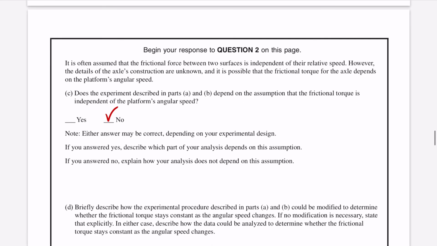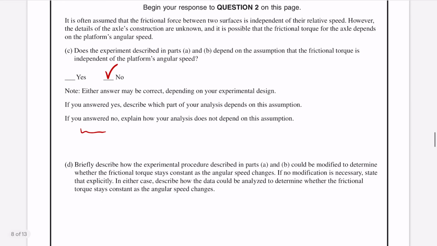All right, so we're going to go ahead and explain something along those lines here, that our data will show a linear relationship if it is independent, or a curve if it's dependent. And then that allows us to answer D in the very easy way of no modification necessary.